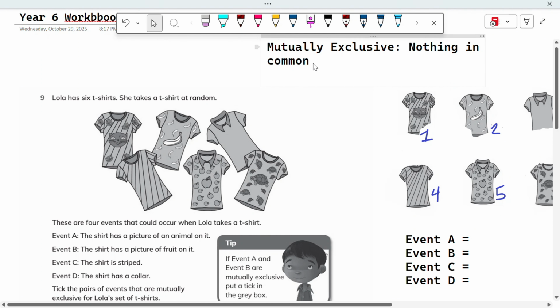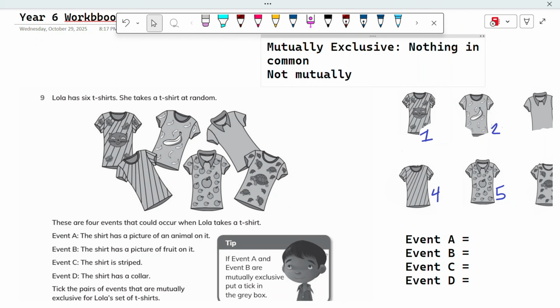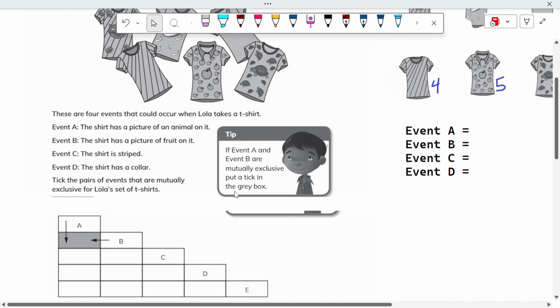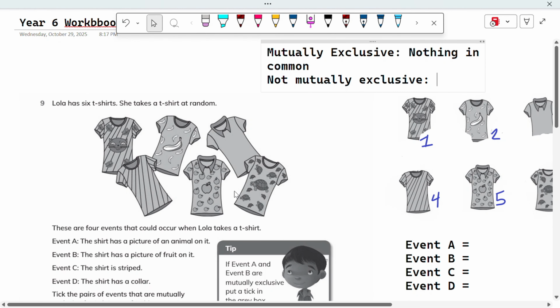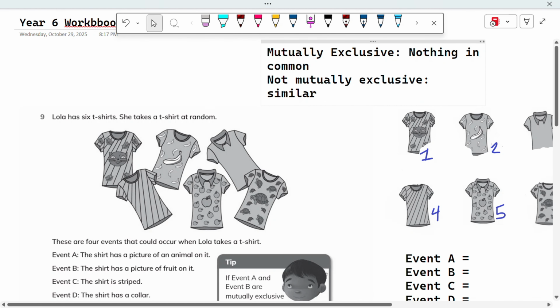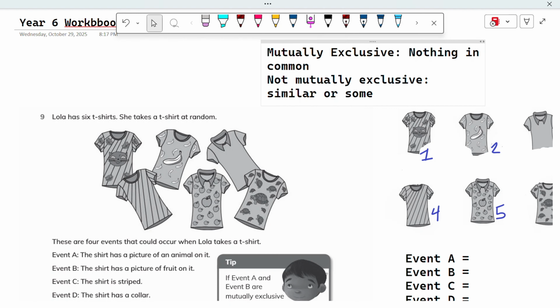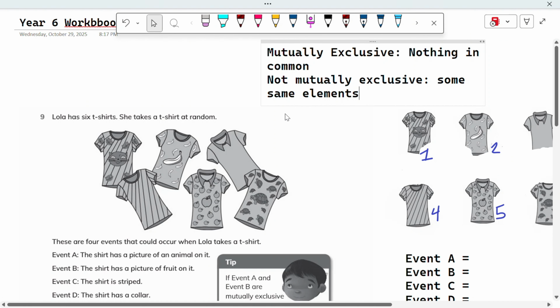Then, not mutually exclusive is when something is not mutually exclusive. Let's also note that down. It means that they have some same elements of their sets.